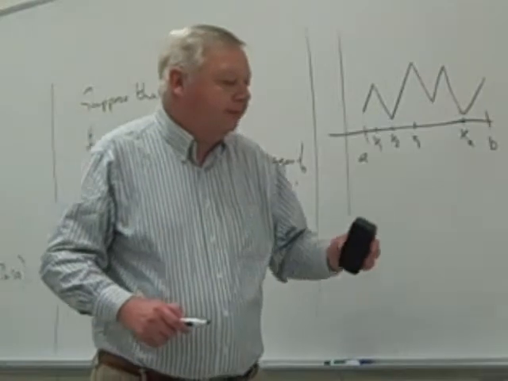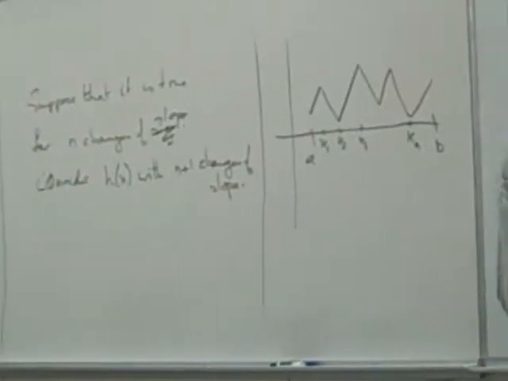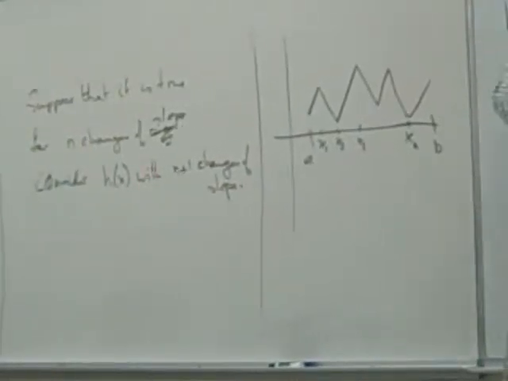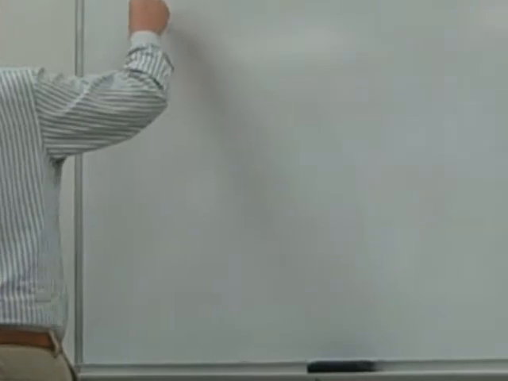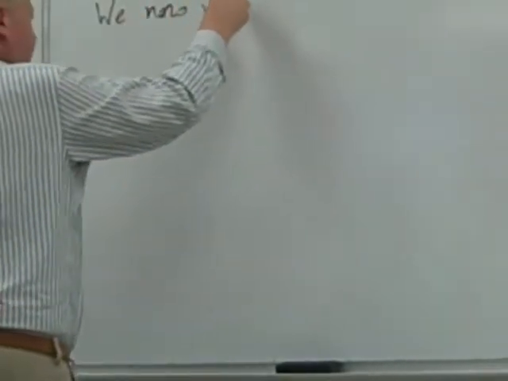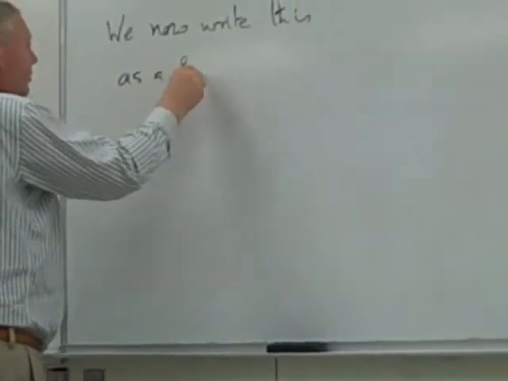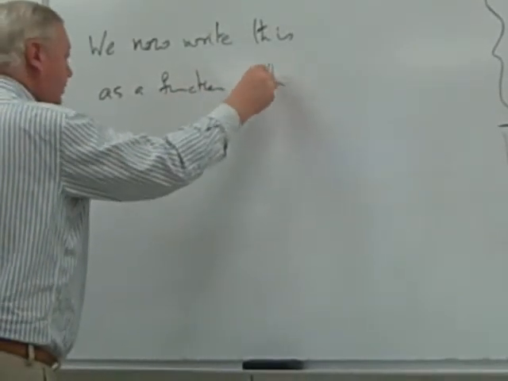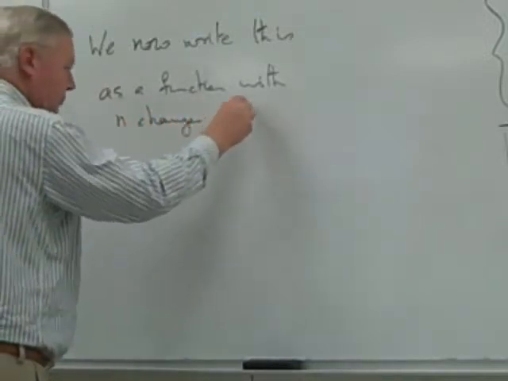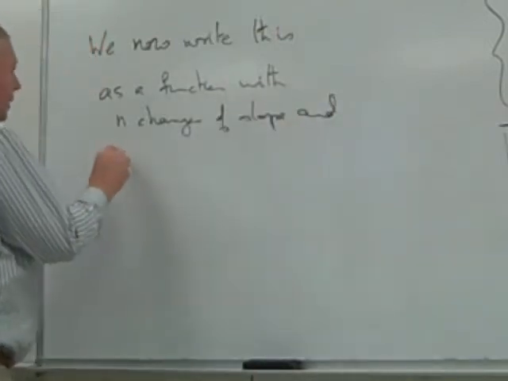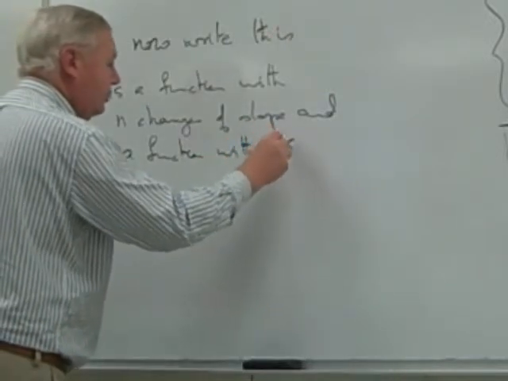Now what we can do here is write this as a function with n changes of slope plus a function with one change in slope.